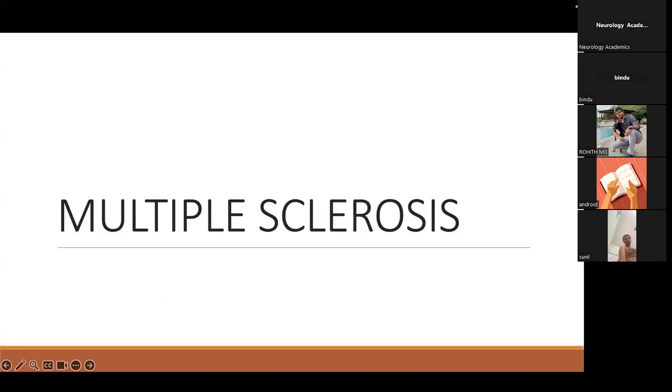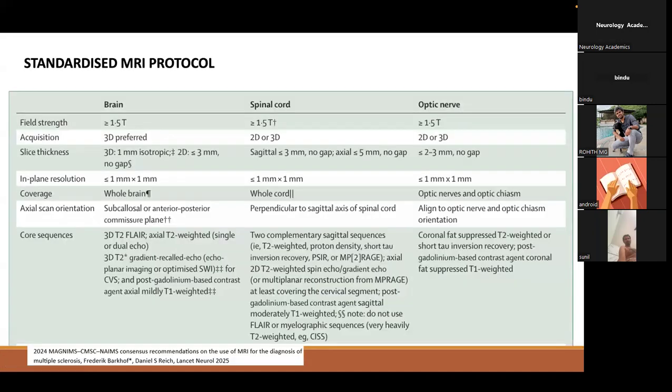So now we'll see first multiple sclerosis. According to the consensus recommendation, this is the standardized MS MRI protocol which they have recommended. For the brain, at least 1.5 Tesla should be used, and the core sequences will be 3D T2 FLAIR, axial T2 weighted images, and T2 susceptibility images like SWI or GRE, mainly to visualize the central vein sign, and also the post-gadolinium contrast T1 images.